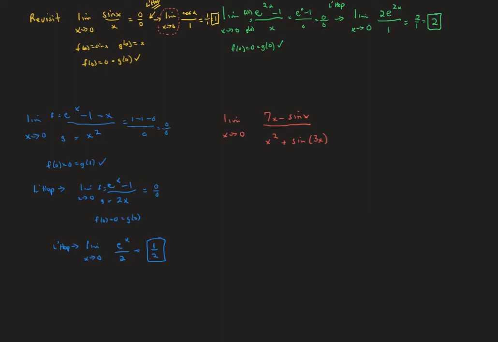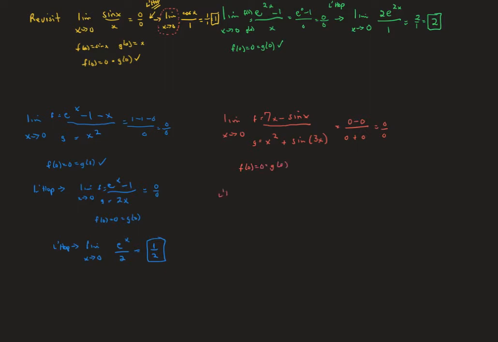If we direct substitute in 0, we're going to get 0 minus the sine of 0, which is 0, over 0 plus the sine of 0, which is 0, so it looks like it's indeterminate. So we will call this f and this g and say that f of 0 is 0, and so is g of 0.